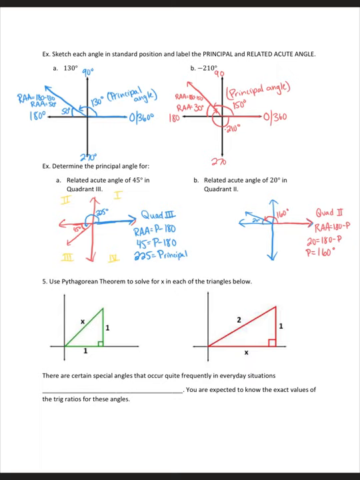So in this green triangle, if we want to find x, we've got to remember that Pythagorean theorem is a squared plus b squared equals c squared. All right, so c is always our hypotenuse. It's always the side across from the right angle. So 1 squared plus 1 squared is 2.